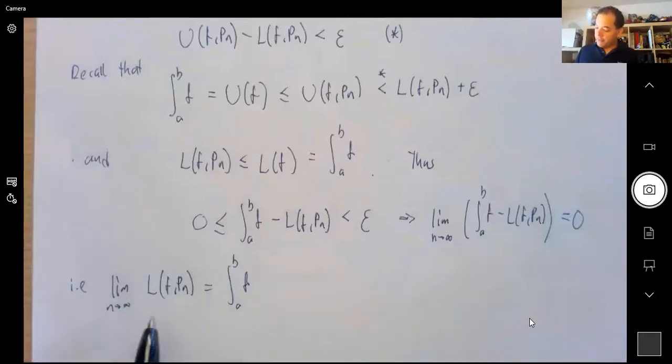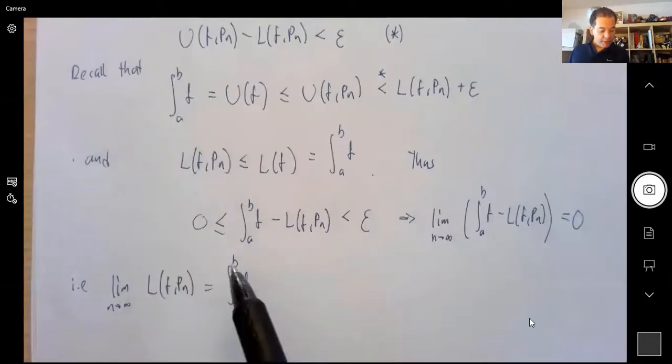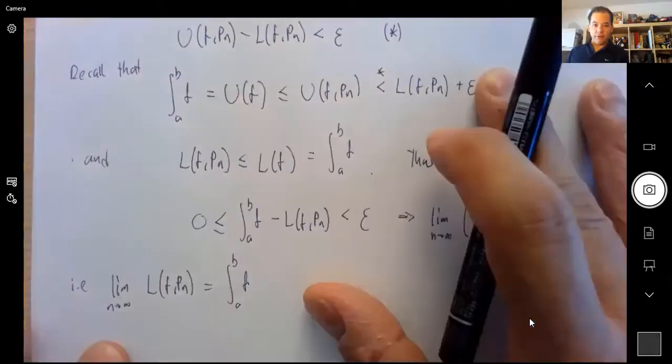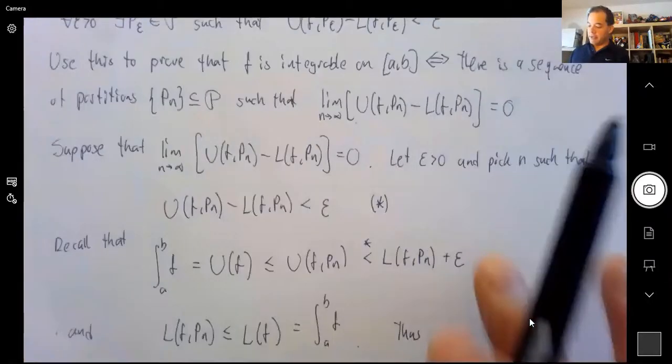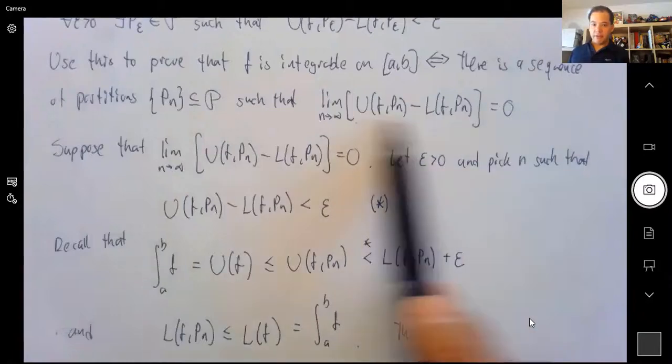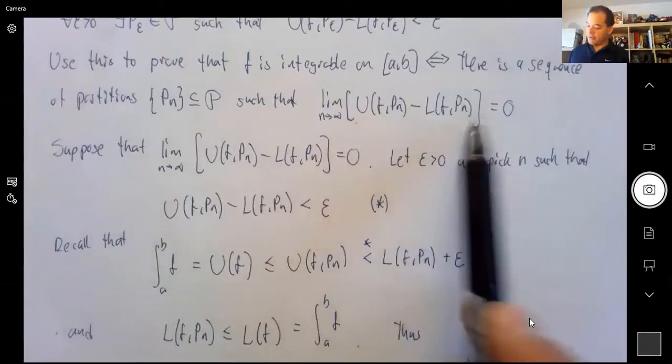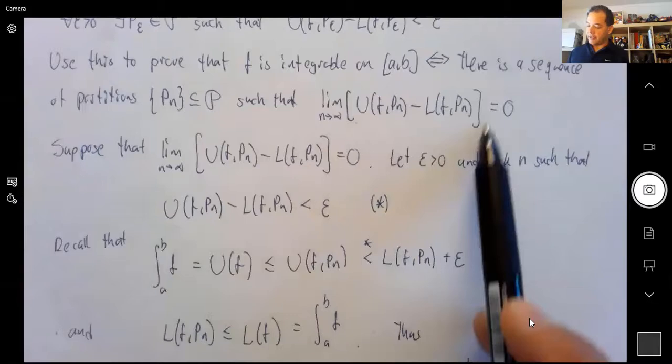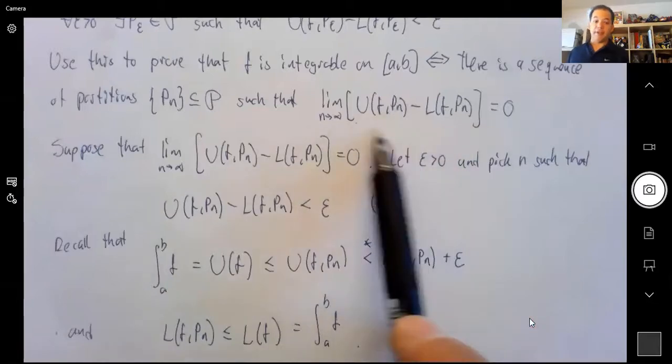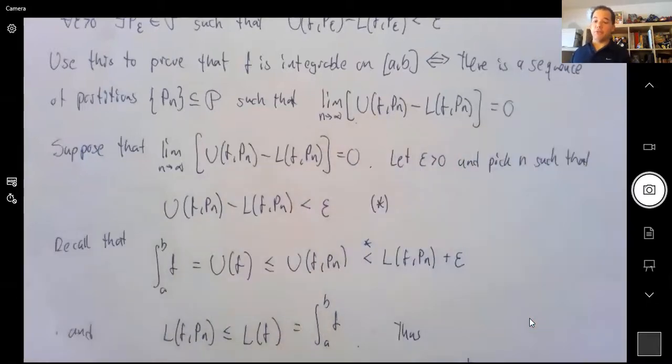And once you know it for the L's, right? If you know that the limit of the L's is the integral, then you know it for the U's. So you can repeat this process again, or you could simply use the fact that, let's go up to the top, that this limit is 0, right? This limit is 0, and we already know that this limit approaches the integral. Then what does the other one approach? Well, the integral as well, right? So we don't need to repeat all this argument.